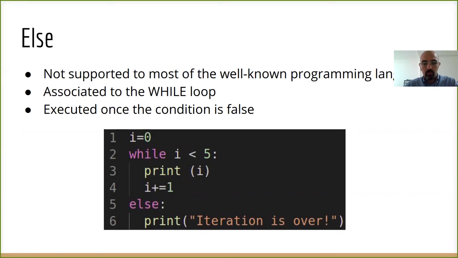But we know that while will iterate this block once the condition here is true. The moment that it turns false, it breaks. It breaks, but the execution of our program doesn't terminate. It continues with whatever follows the while condition.